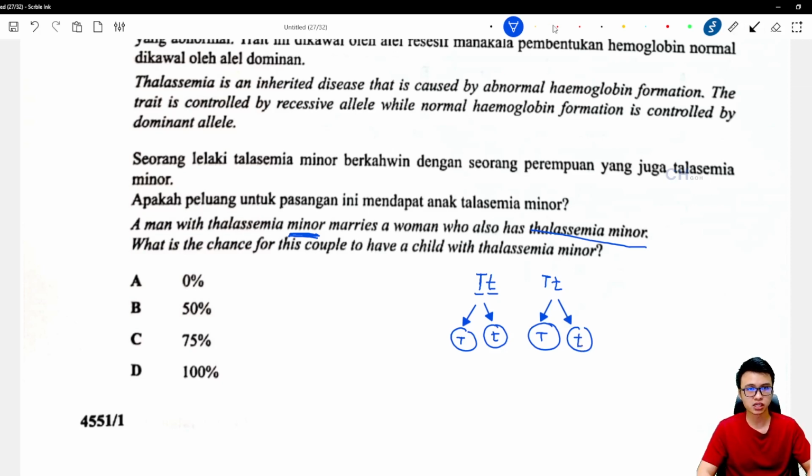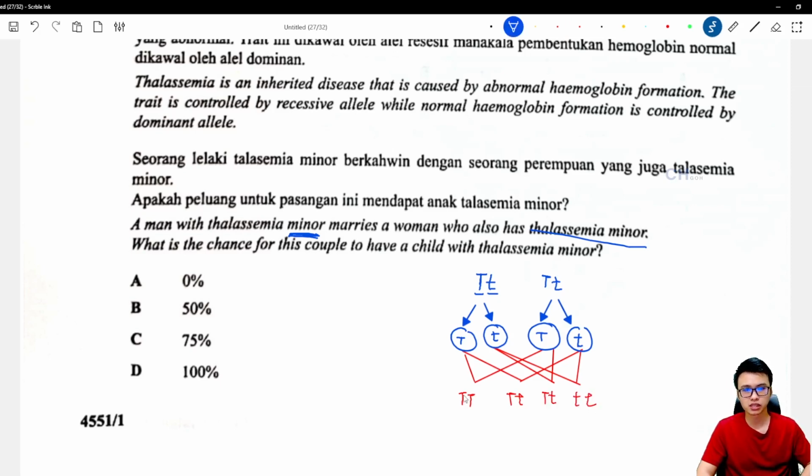Now fertilization occurs, you cross them. Big T with big T, big T with small t, small t with big T, small t with small t.